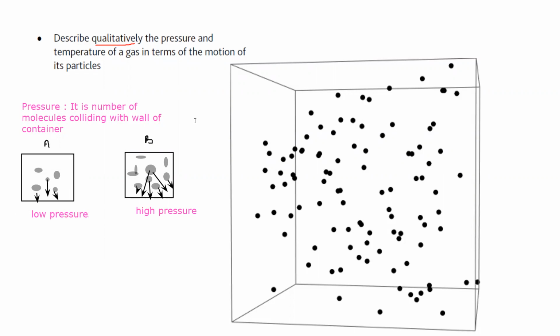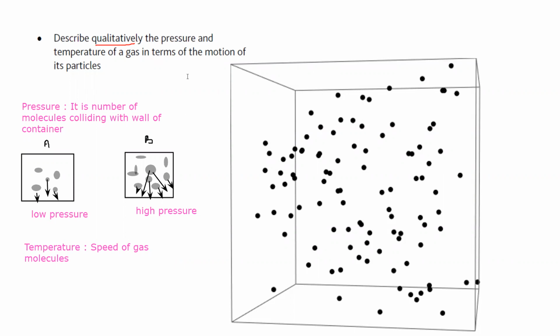And how do we define the temperature of a gas? The temperature refers to the speed of gas molecules. The speed of the gas molecules relates to the temperature.